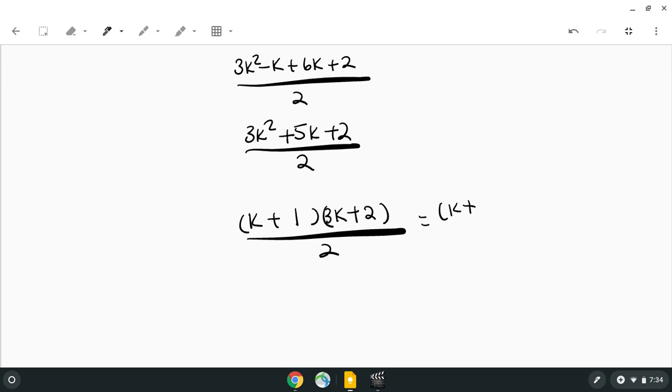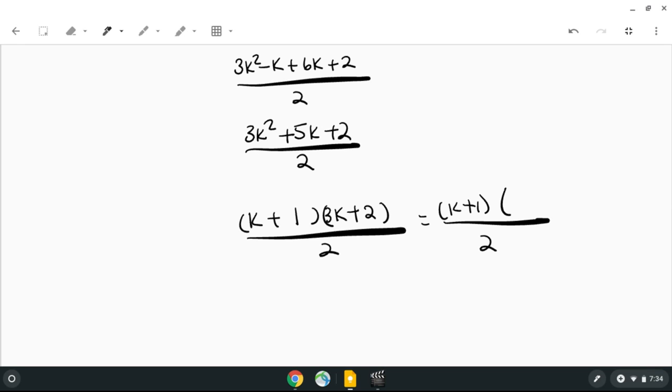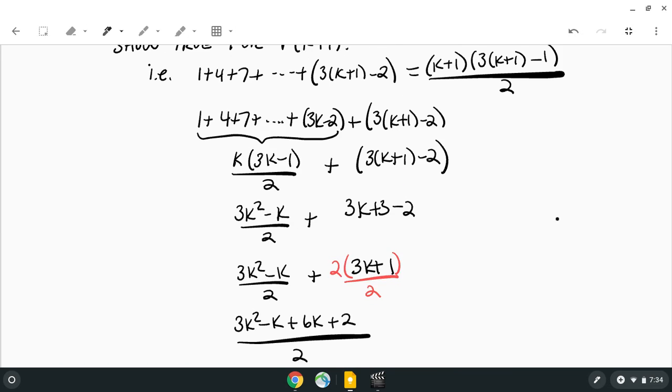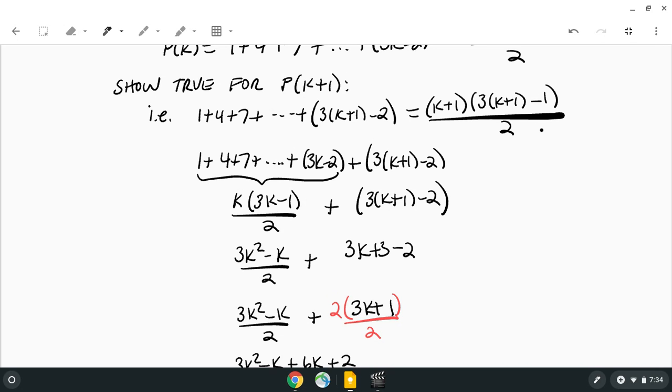We have the k plus 1 part, we have the 2 part, and I can rewrite that as 3 times k plus 1 minus 1. And if I do that, I will still get the 3k plus 2. 3k, 3 subtract 1 is 2. But now this one, the way it's written like this, matches this right-hand side.